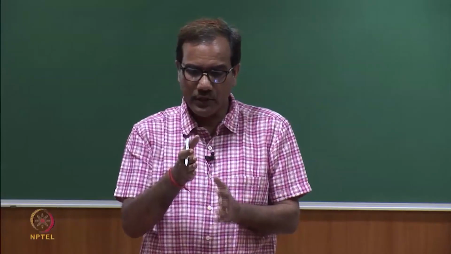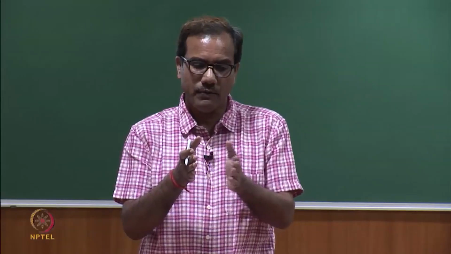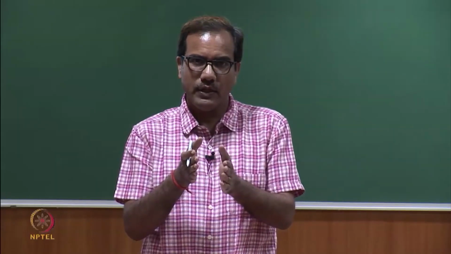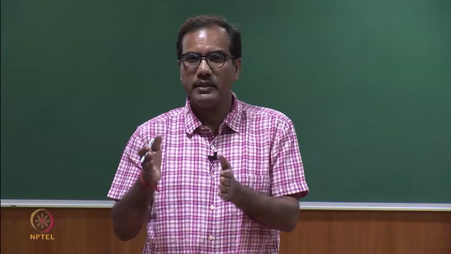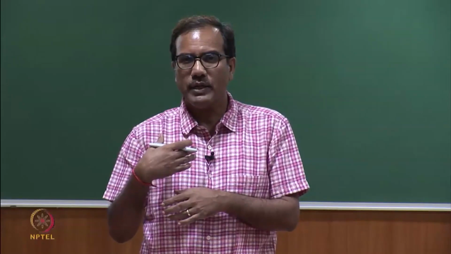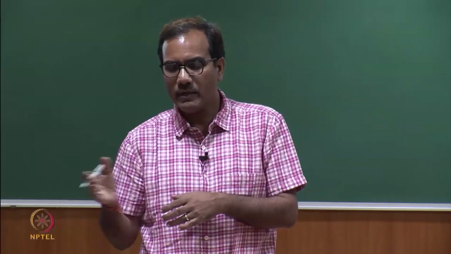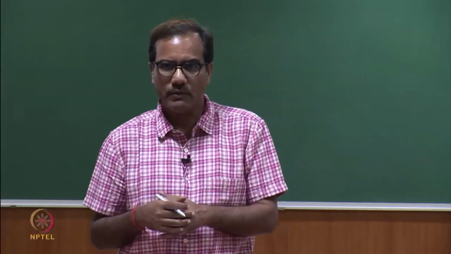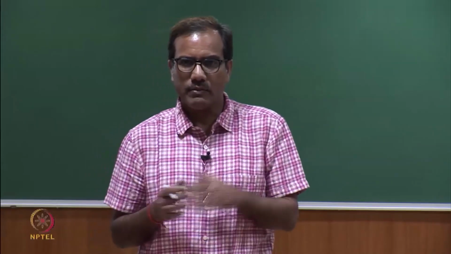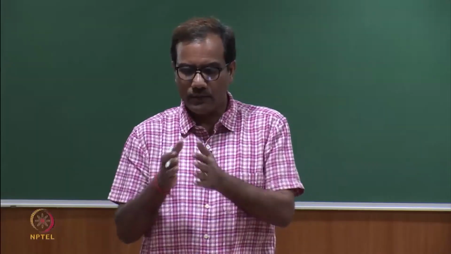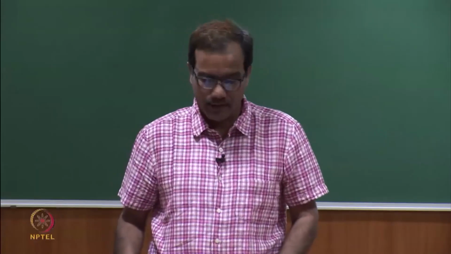The one which is moving away from you will shift to longer wavelength, and those going towards you will shift to a smaller wavelength, so there will be red shift and blue shift, and the whole spectra will get broadened.